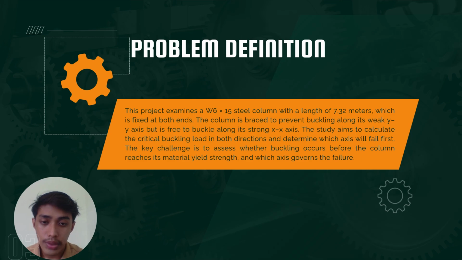The study aims to calculate the critical buckling load in both directions and determine which axis will fail first. The key challenge is to assess whether buckling occurs before the column reaches its material yield strength and which axis governs the failure. So that's all.